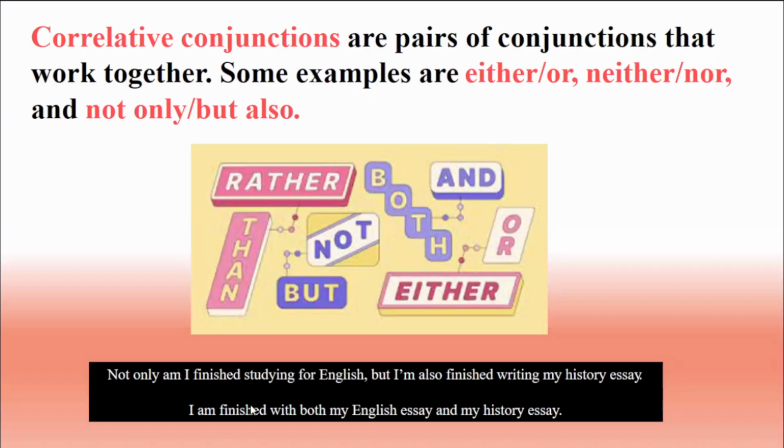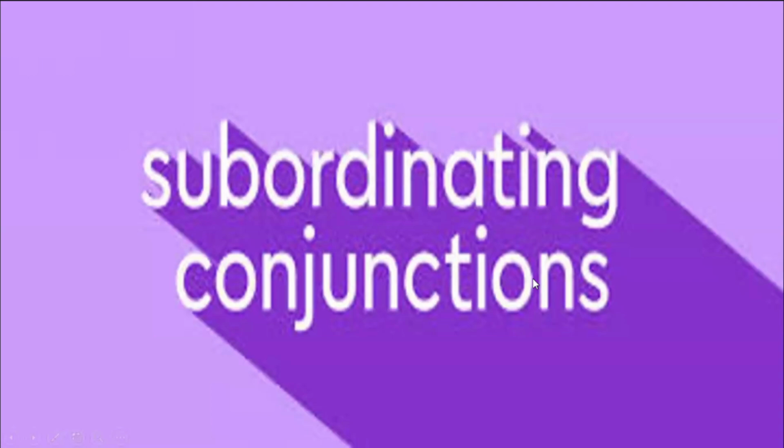Then I am finished here. Yes, I finished or I completed both my English essay and my history essay. This is wrong, right? Okay, so then that is correlative conjunctions, correlation, right?